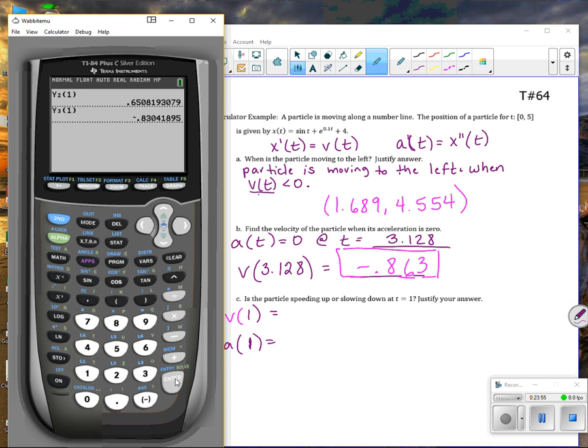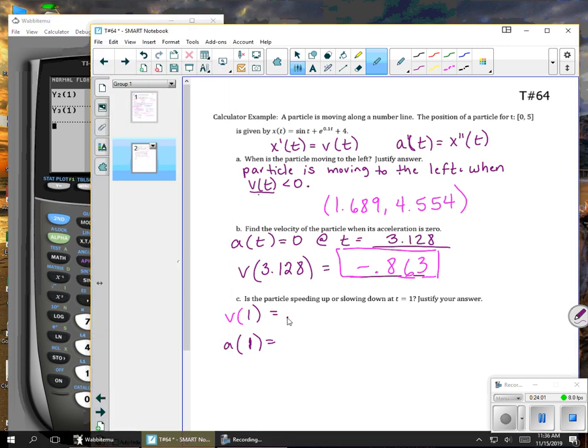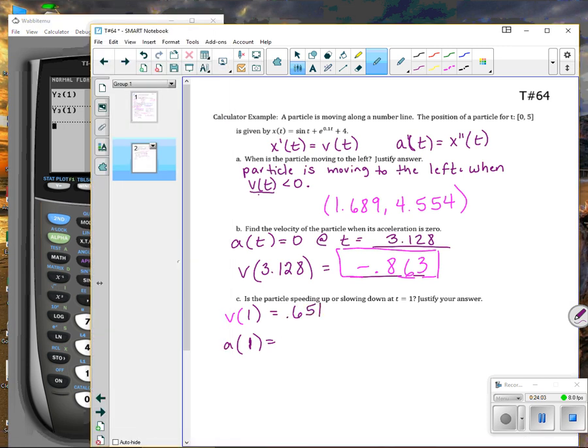I just need to write down all those numbers. So I have 0.651, and I have negative 0.830. So since V of 1 and A of 1 have opposite signs, the particle is slowing down.